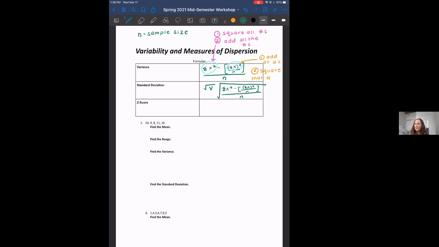Okay, good. So what about the formula for the z-score? Anyone can answer. It's okay if you don't know or if you get it wrong. That's totally fine. You can always type in the chat box also.